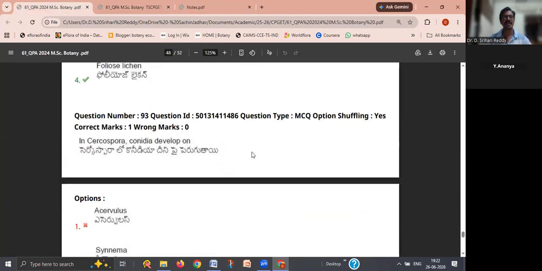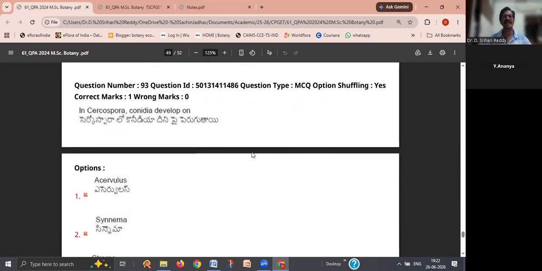Next question is, in Cercospora, conidia develop on. Cercospora belongs to the fungi, and it specifically belongs to the Deuteromycotina. Deuteromycotina is also called artificial fungi, or fungi imperfecti or imperfect fungi, because there is no sexual reproduction in the Deuteromycotina.